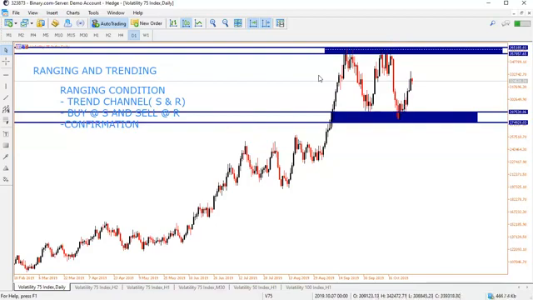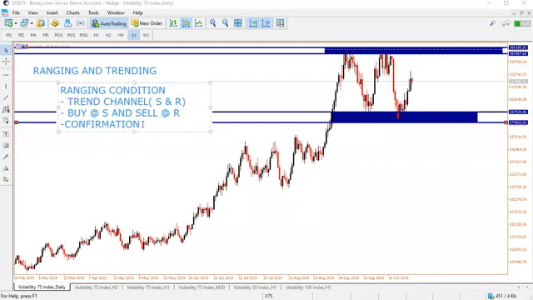So you need to know that we normally buy at support, we sell at the resistance. When the market is in between a trend channel, guys, we don't take trades. Let me highlight this.